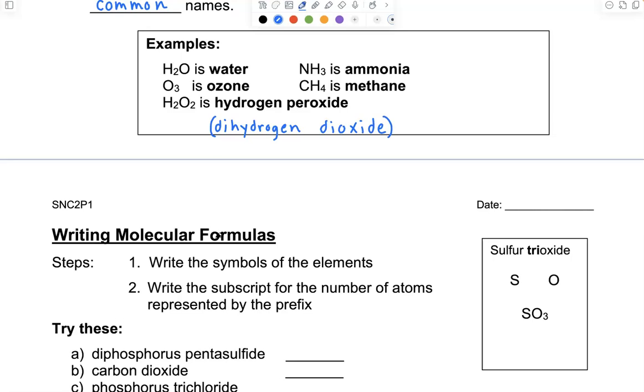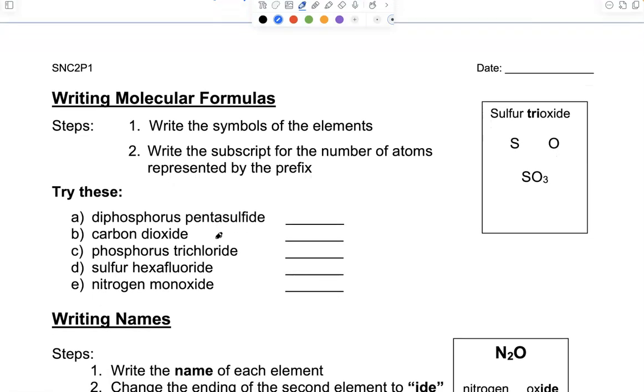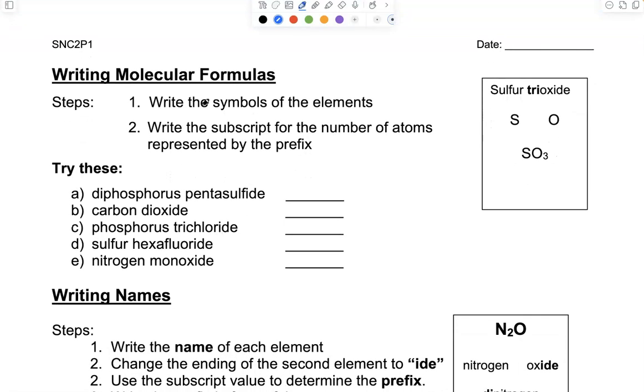So this is what, I'll put this in a set of brackets, but this is that common name that you would use for this. So writing molecular formulas, we're going to follow these following steps. You're simply going to write the symbols of the elements, and then you're going to write the subscript for the number of atoms, again, represented by the prefix.